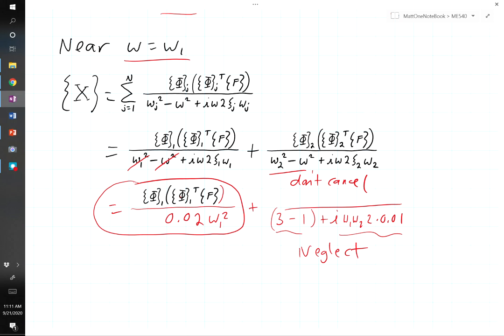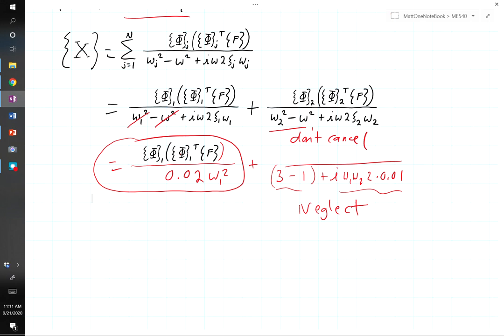And we'll use this fact in experiments, because if we want to know what the first mode vector is, and say we can measure x1, x2, well, near omega equals omega 1, the mode vector is this times some constant. And the constant's actually a large number that causes this to dominate.